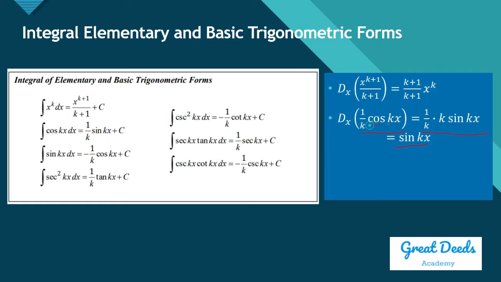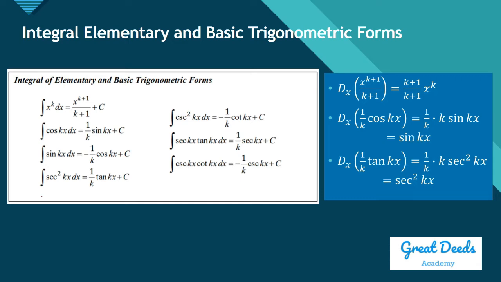The derivative of cosine is sine, and then you apply your chain rule: sine of k times x, times k. And k divided by k is 1. So if you were to get now the integral of this function, that's going to be 1 over k times sine of k times x plus c.